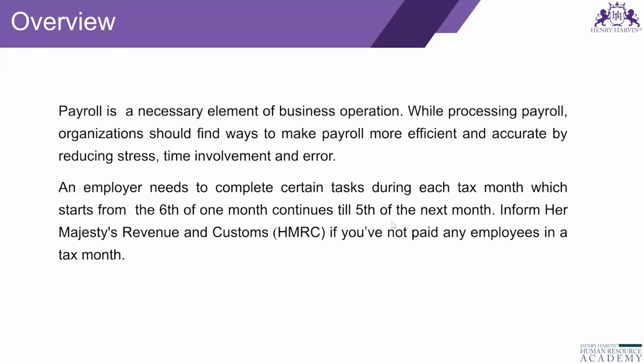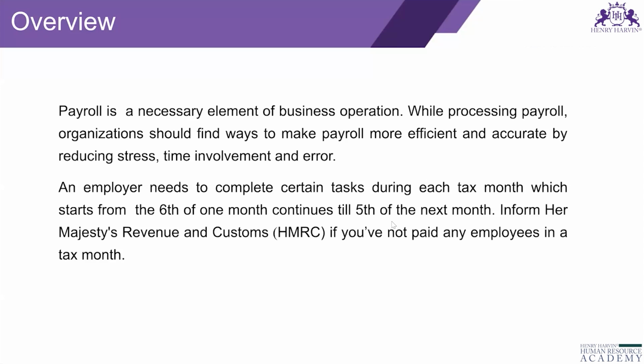These are a few basic details that you have to follow so that you do not miss or pay employees incorrectly. Everything is calculated based on tax code. Also, inform Her Majesty's Revenue and Customs if you have not paid any employees in a tax month.